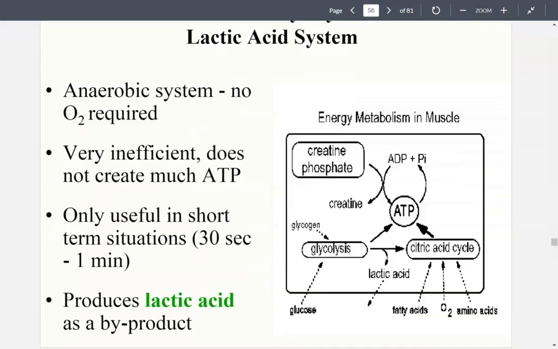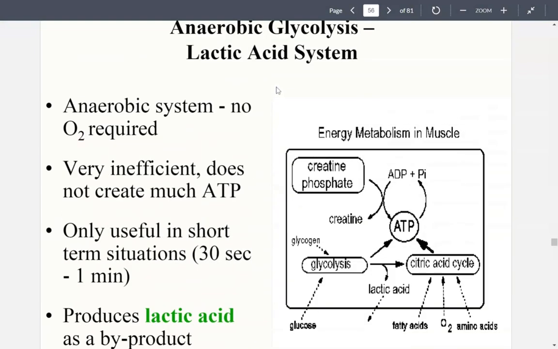Anaerobic glycolysis, however, is the aerobic glycolysis just without the presence of oxygen. So anaerobic, remember, refers to no oxygen present. A glucose molecule goes into glycolysis, and when that process is done, instead of going into the citric acid cycle, it instead is going to get converted into lactic acid.